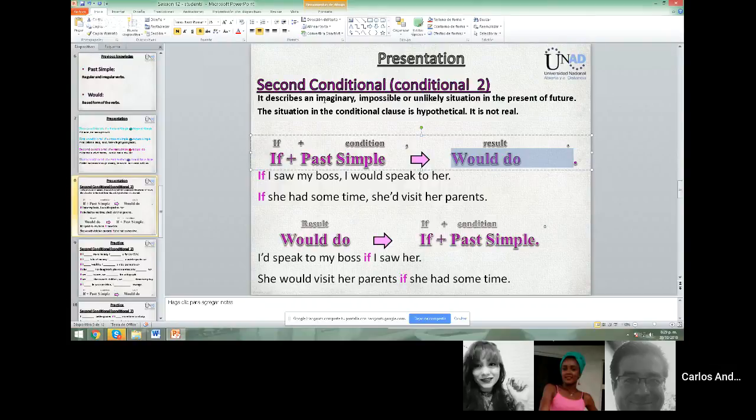So what is imaginary, impossible, or unlikely is the if clause. But if the if clause happens, the result clause would happen. Okay, so I have some examples, and it's very easy. Don't worry.